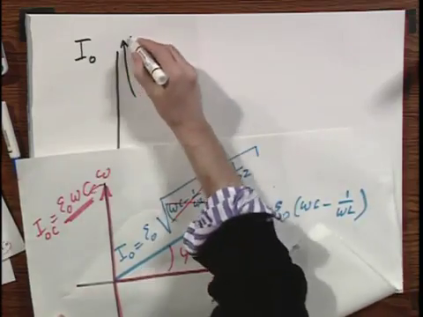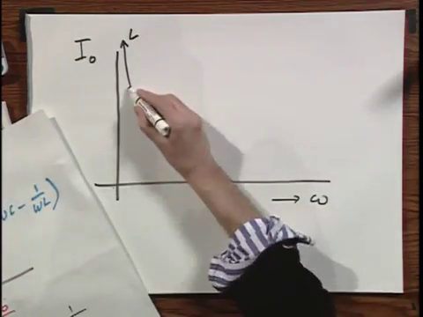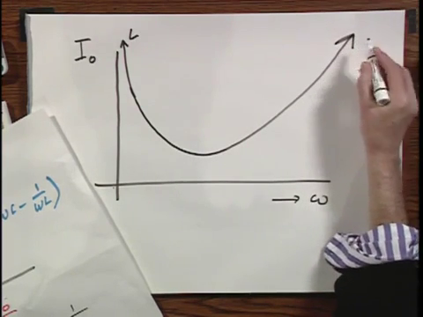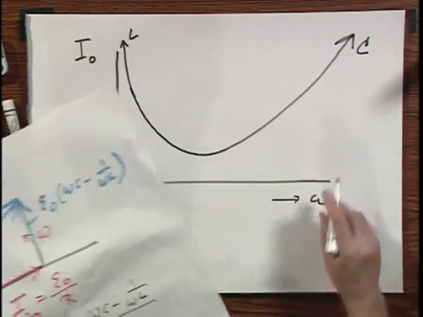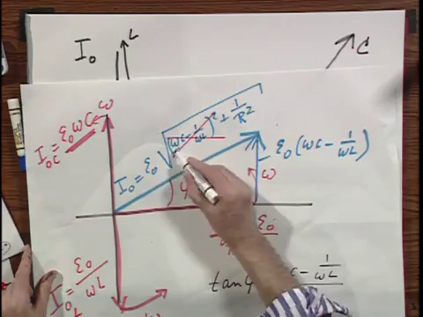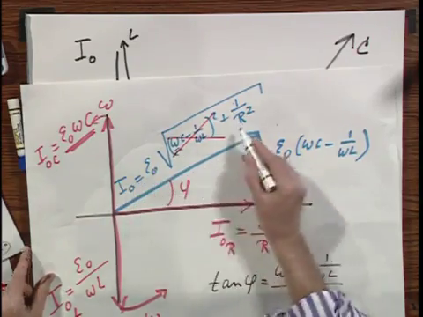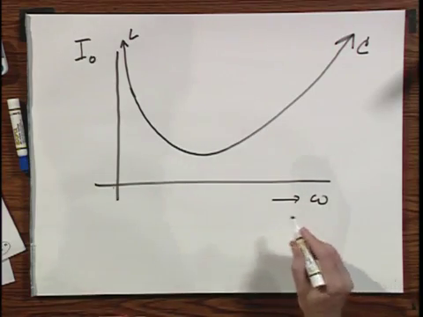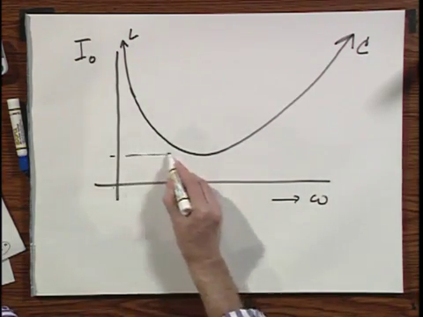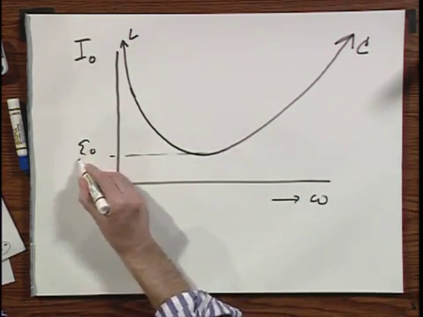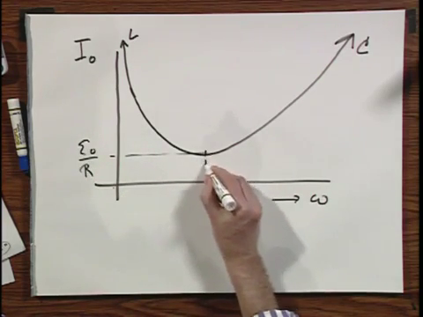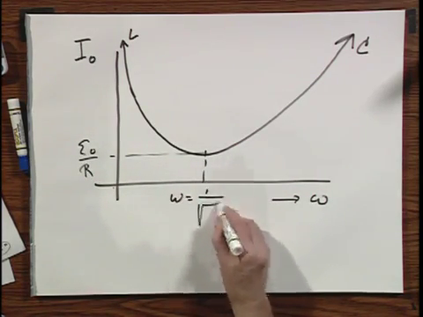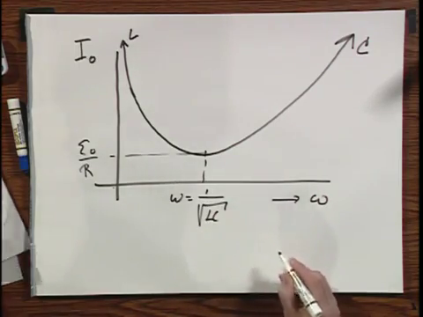So it is the L that is doing it. And then it goes through a minimum, and then again it goes to infinity, and that is the C that is doing it, because when omega goes to infinity, this value goes to infinity, and so the current goes to infinity. And then there is this minimum. And this minimum is at E0 divided by R. And this minimum is when ω equals 1 over the square root of LC.